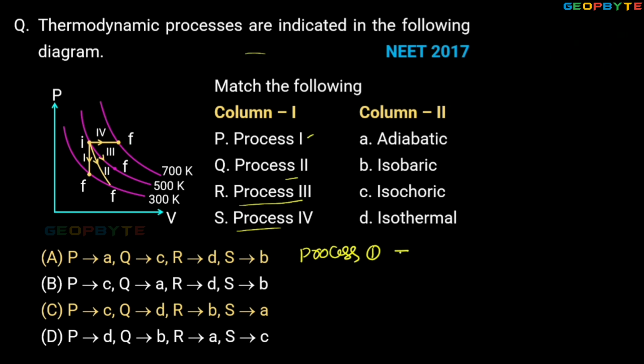Process 1 is marked with P. Process 1 is a constant volume process. That means P, constant volume, is isochoric. PC is correct.